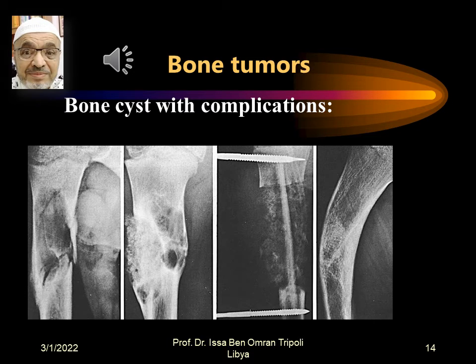And here examples of bone cyst with complications. The most common complication is the fracture, pathological fracture.